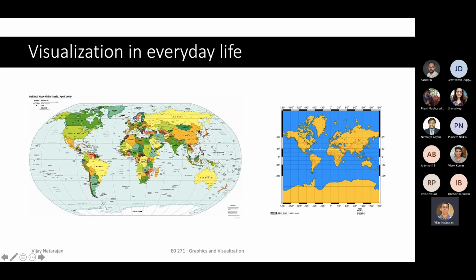Today, what we are going to do is to look at data that does not have a spatial context, or non-spatial data. So in this context, bringing that data into space, incorporating geometry is the most important aspect of visualization. And that is what we will focus on.